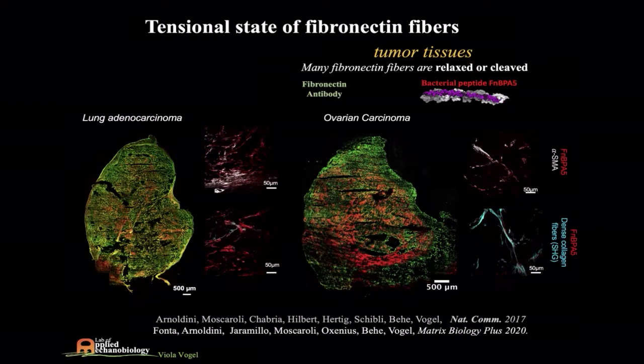And myofibroblasts produce a lot of matrix, including collagen. So in locations where fibronectin fibers are relaxed, we see thick bundles of collagen fibers using second harmonic generation.